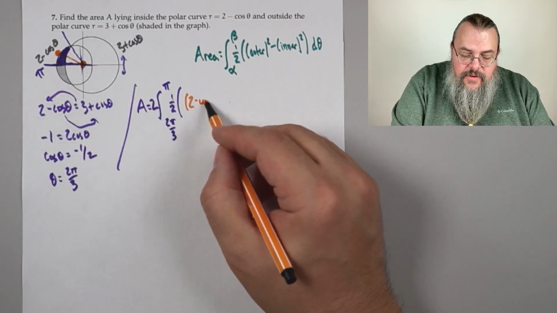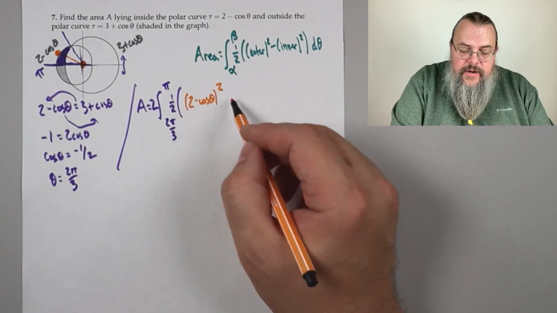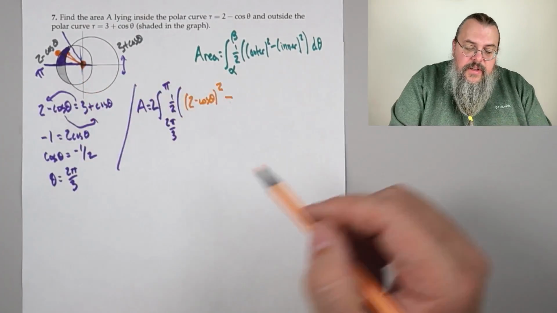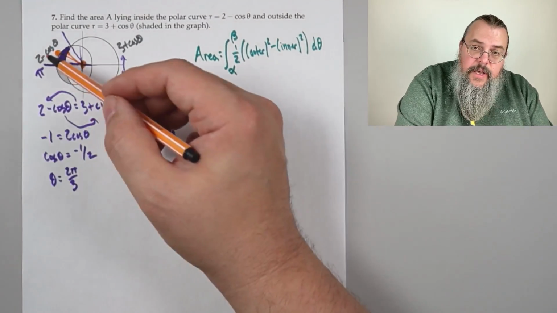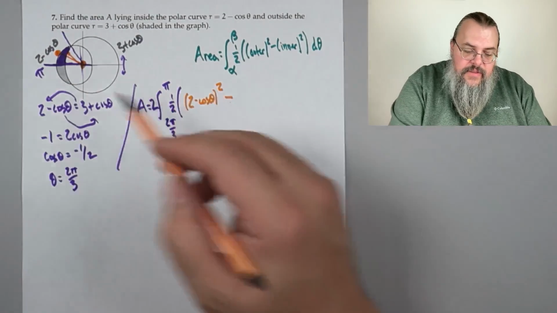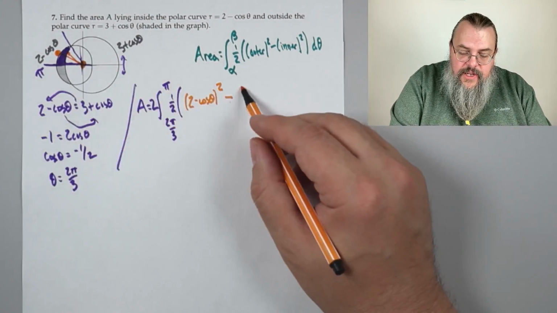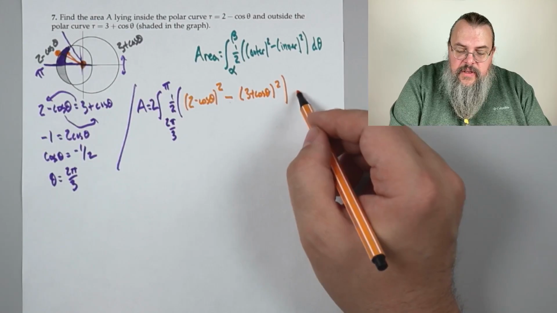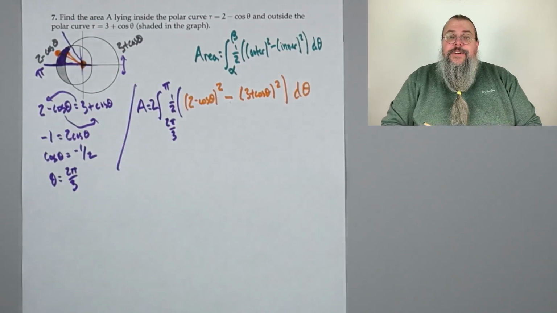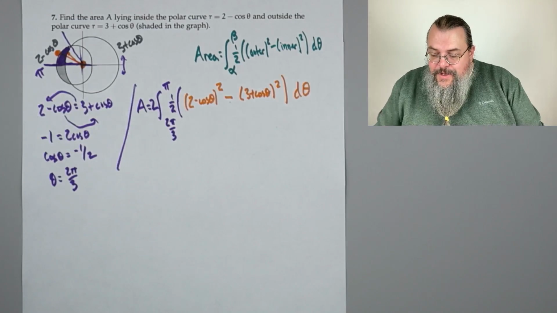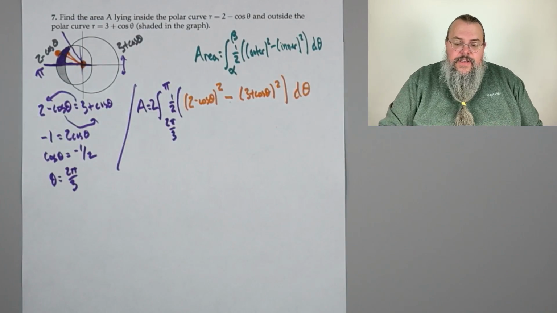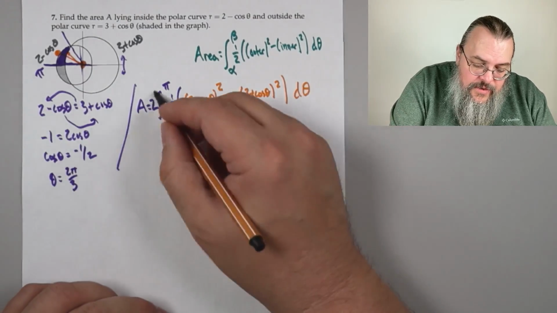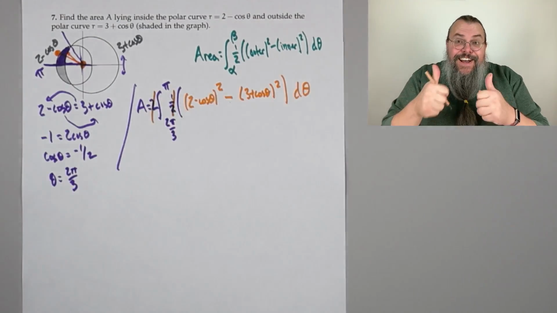So 2 minus cosine theta squared. The inner is the first curve you hit. So outer, far away, inner, nearby. So that's the 3 plus cosine theta squared. And there we go. We're good to go. And now it's just a matter of working it through. So the 2 and the half cancel. Nice.